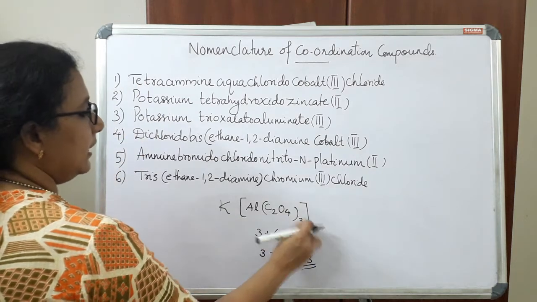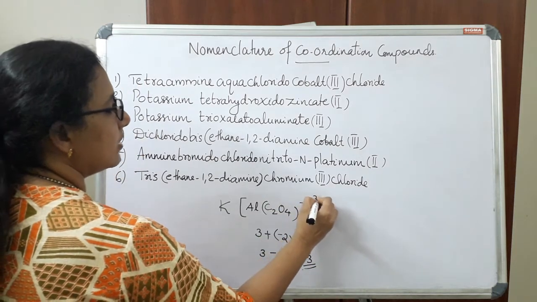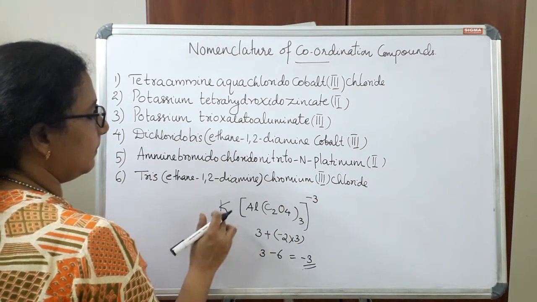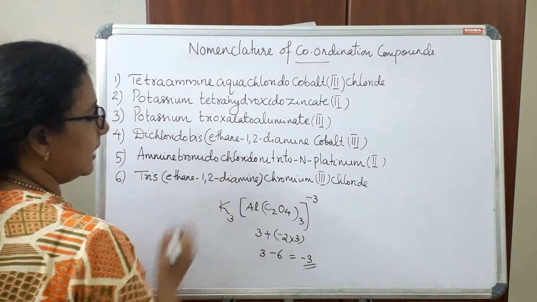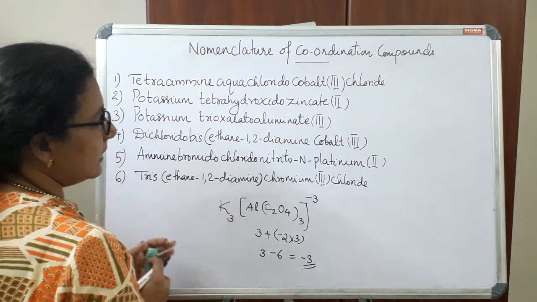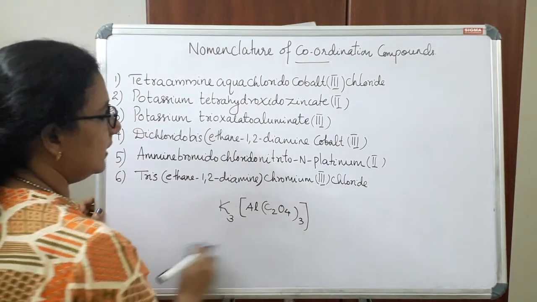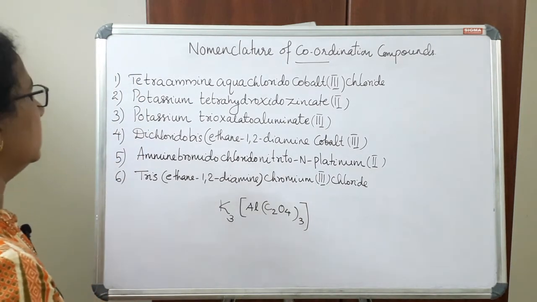So this anionic part has a charge of minus 3, and this 3 will come as a subscript of K, so K3 will be there. While writing the formula, we are not writing the charge. So this will be the formula of the third compound.